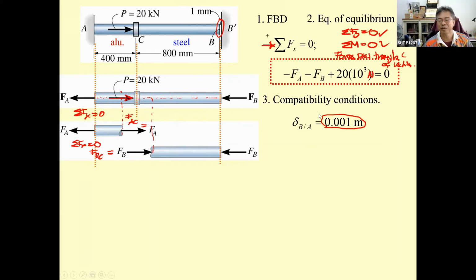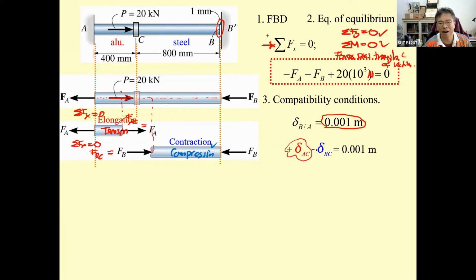And then you use the force-displacement relationship based upon what we have. This is going to be in tension and this is going to be in compression. When it's in compression, it's going to get contraction. When it's in elongation, it's going to get tension. For the tension, the deformation is going to be positive.